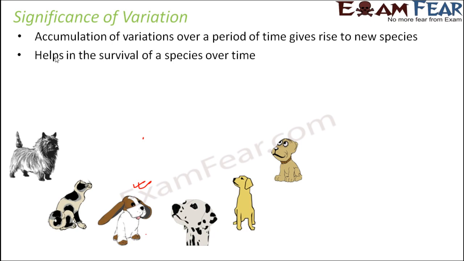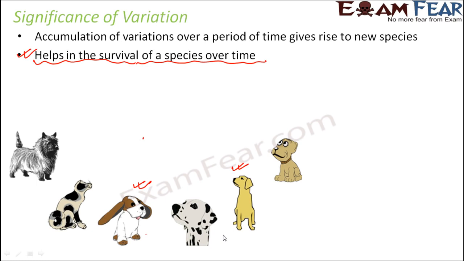Now when there is variation, sometimes the variation is for good. So the variation is for the betterment of the organism. For example, suppose initially these dogs were more prevalent, but they were not able to survive in extremely cold weather. So what happened? A variation came in where the new variety of dog which was produced had a lot of fur all over its body.